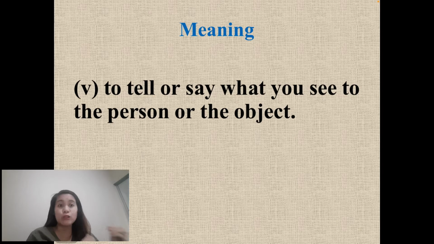So you will say something to the object like, she is short, or it is short. If it's a person, you will say that person is quite old. So that is describing, to tell what you see on the appearance, okay?